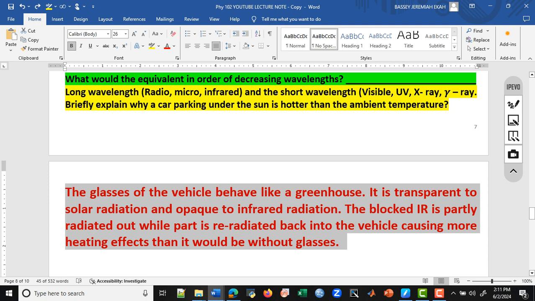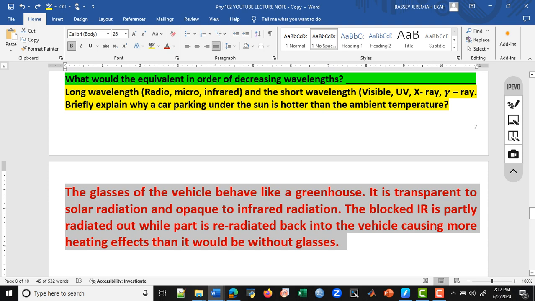Okay, so it is just as simple as that. The energy from the sun comes in the form of UV rays, and UV rays have a shorter wavelength, so they penetrate the glasses of that vehicle. When it re-radiates, it becomes heat, infrared, heat waves.